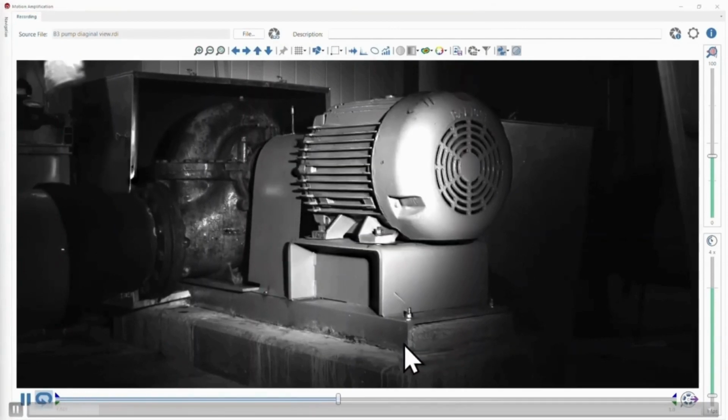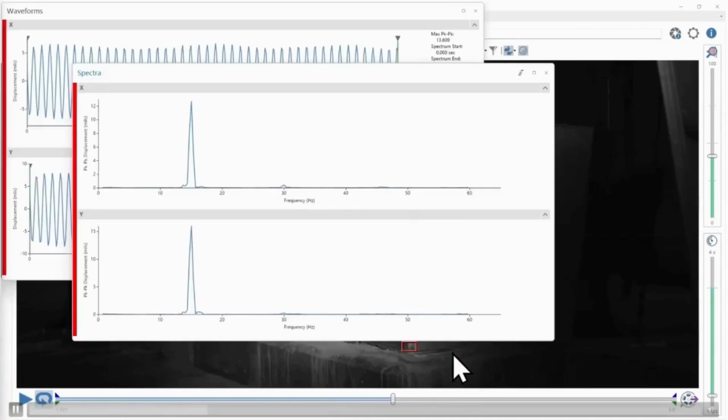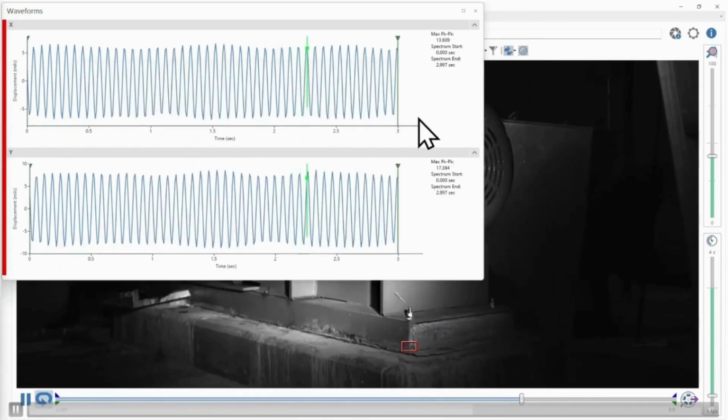That's not to say that anyone who uses motion amplification needs to be a vibration analyst. On the contrary, motion amplification is very often used to identify problems or evaluate equipment and assets without the need for traditional vibration analysis.